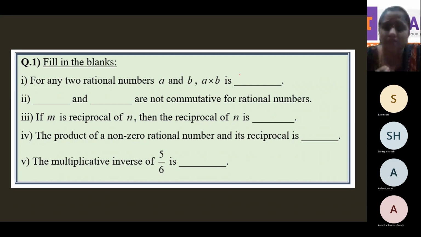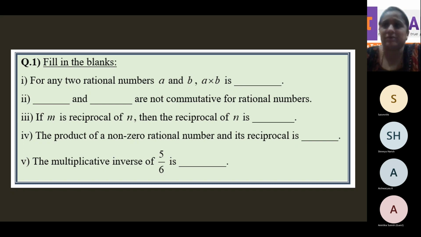Okay, let me explain what the statement means. The product of two rationals is always rational, because there is something else called irrational numbers, which you will see in standard 9. So the expected answer is rational: the product of two rationals is always a rational.